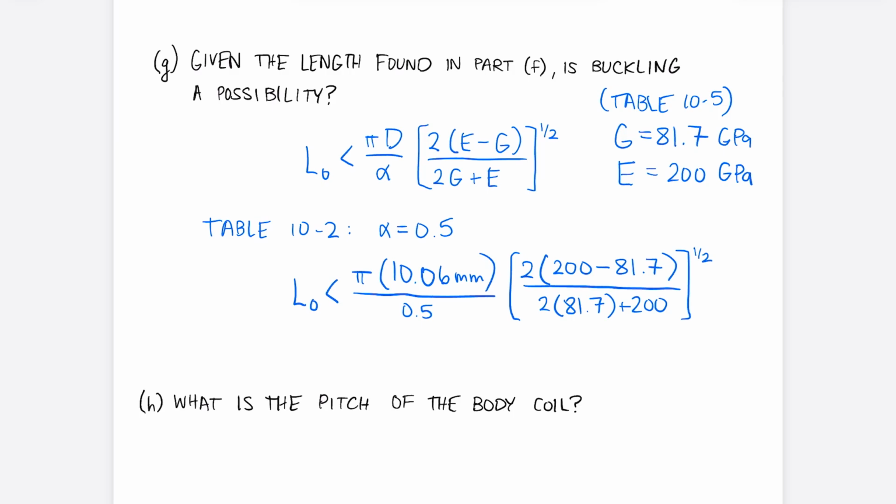And then times pi, times 10.06 divided by 0.5. All right, so my free length needs to be less than almost exactly 51 millimeters.